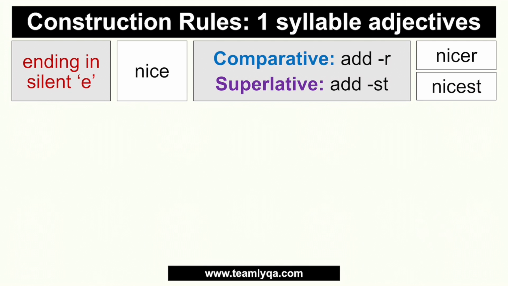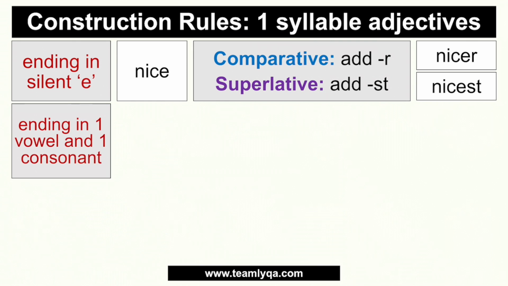Okay? So again, all of the adjectives that end with an E, you use that R pag comparative and an ST pag superlative. That is pag one-syllable adjective lang siya. Okay? So, you have to be familiar with the rules.